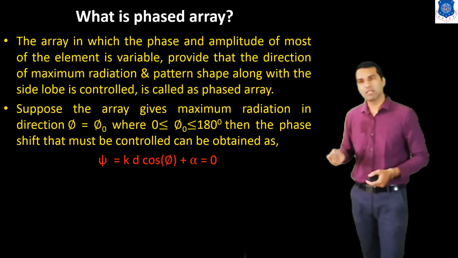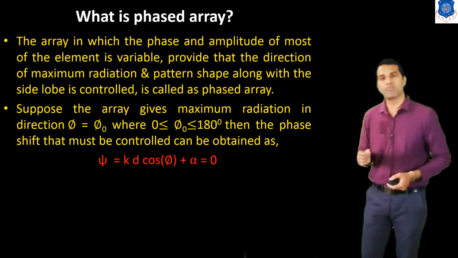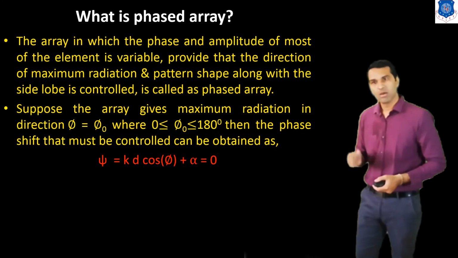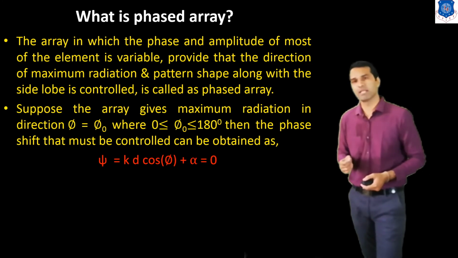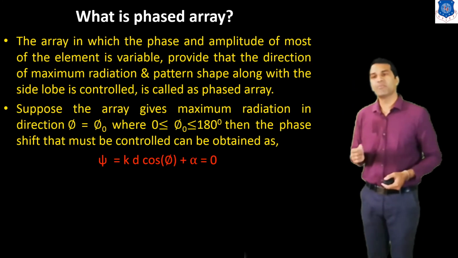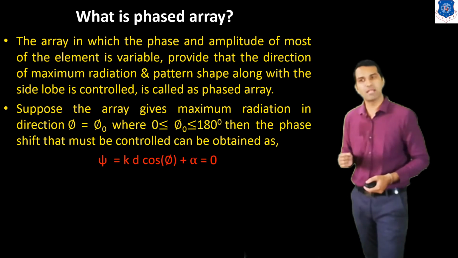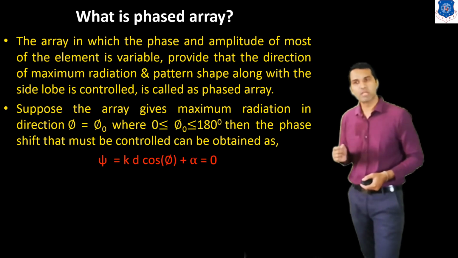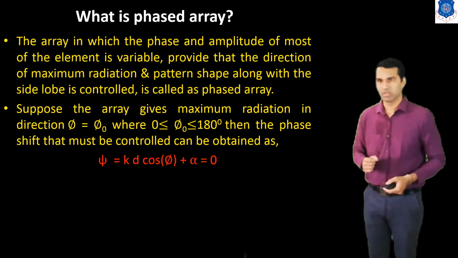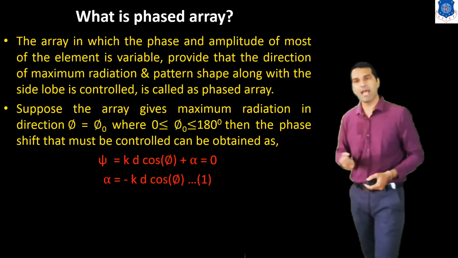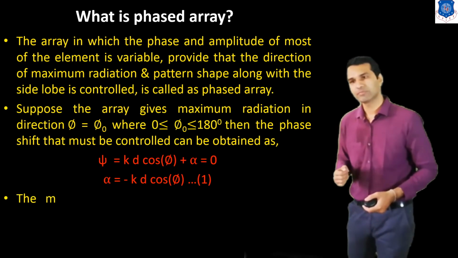Suppose now we consider the array giving the maximum radiation in the direction phi equals phi 0, where 0 is less than or equal to phi 0, which is less than or equal to 180 degrees. Then the phase shift that must be controlled can be observed as psi equals kd cos phi plus alpha equals 0. Now from this equation we can write alpha equals minus kd cos phi.